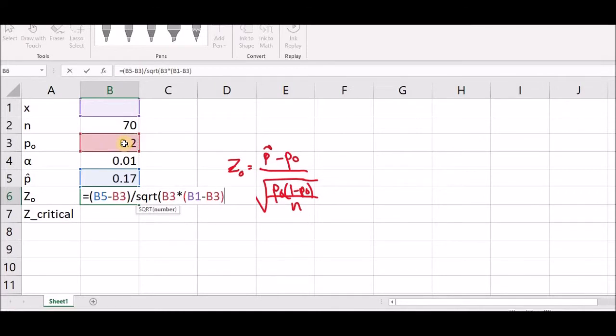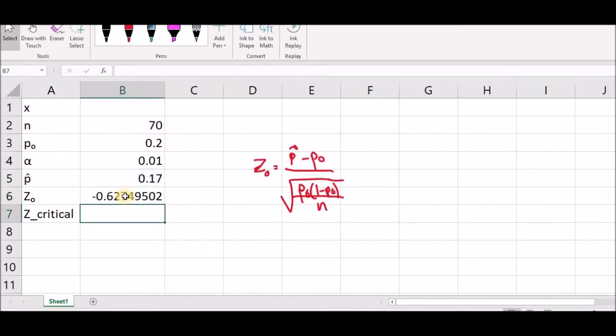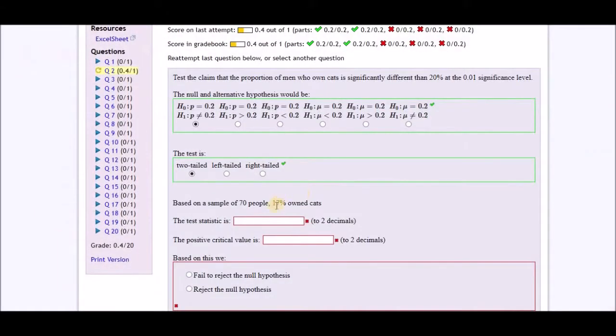And then close the parentheses, divide that by the sample size, which is 70 in this case, and then enter. And this is Z naught. This is the statistic. I'm going to copy it and go ahead and paste it into this box.